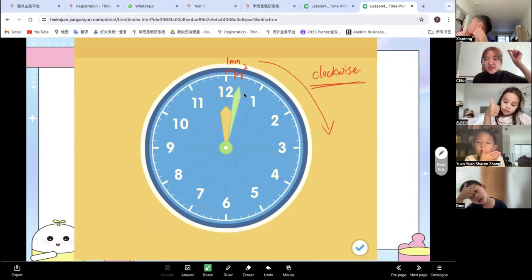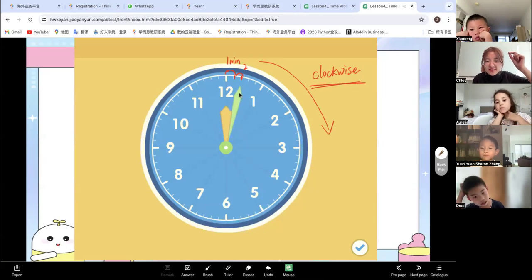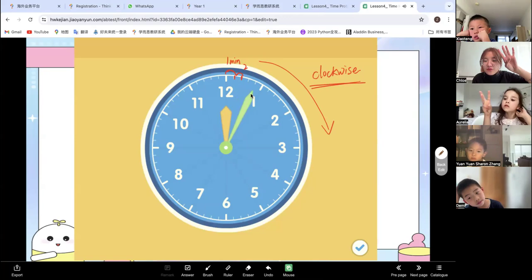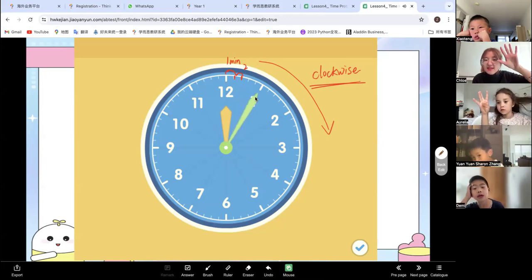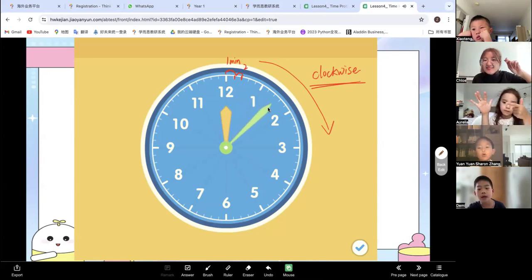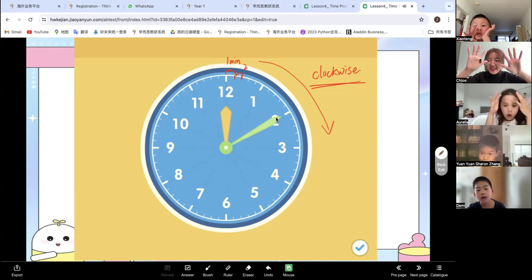Okay, everyone, if we continue to travel, can you count with me, please? So 2 minutes, and then 3 minutes, and then 4 minutes, show me please, and then 5 minutes, and then 6 minutes, and then 7 minutes, and then show me 8 minutes, 9 minutes, and then 10 minutes.